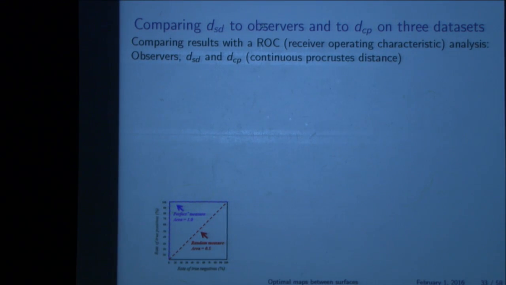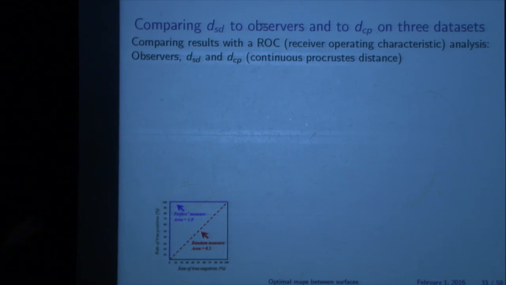The statistical test that's used to see how well these distance matrices work is called a ROC test, a receiver operating characteristic test. It came originally out of signal processing. And the way it works is, let's say we have, for example, 2 species, a lemur and a monkey, and we have 100 of each.